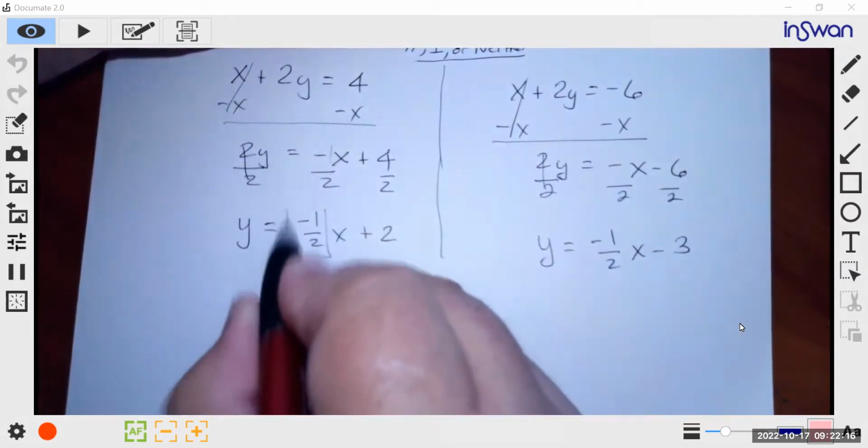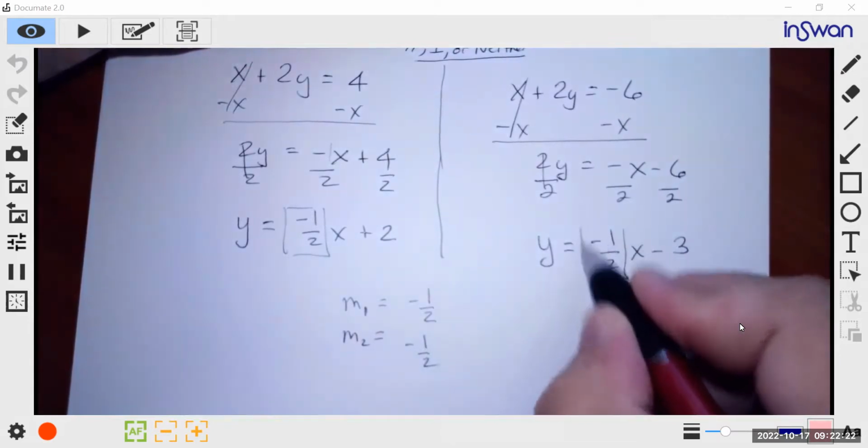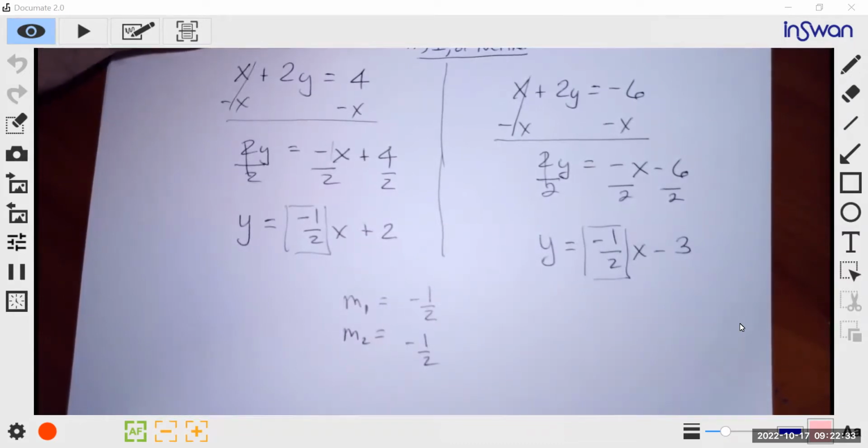It's whatever's in front of the x. The slope of line 2? Also -1/2. Since the slopes are the same, what can we say so far? They're either parallel or the same lines. Do we know which one's which?